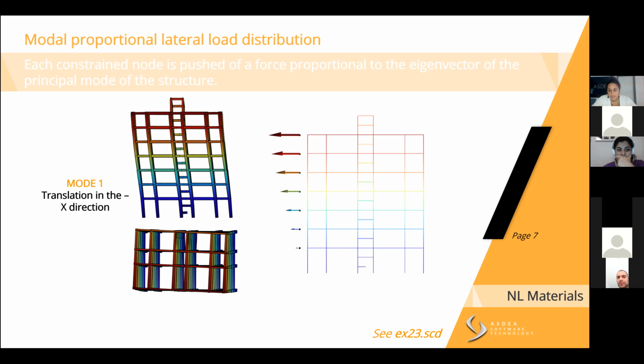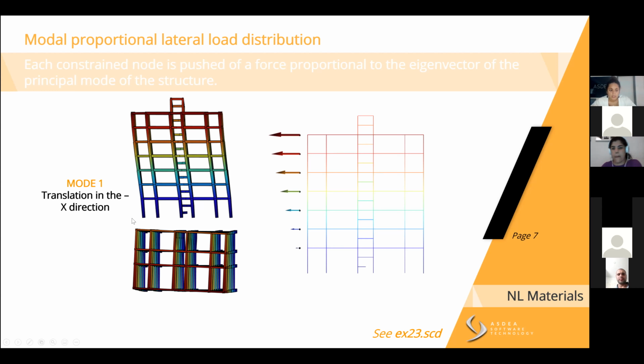So I'm providing you guys some code that you can use for this kind of structure to develop these two distributions. In this case, each constraint node at each floor is going to be pushed with a force that's proportional to the eigenvector of the principal mode of the structure. I did this in advance. I did an eigenvalue analysis of my structure.